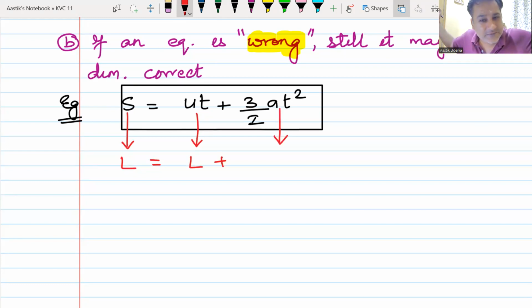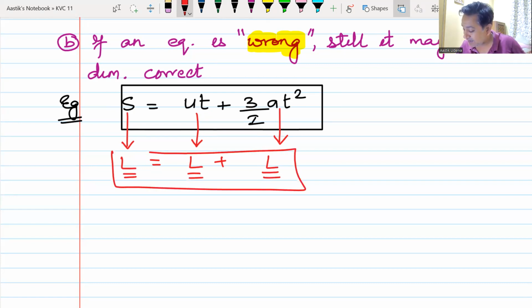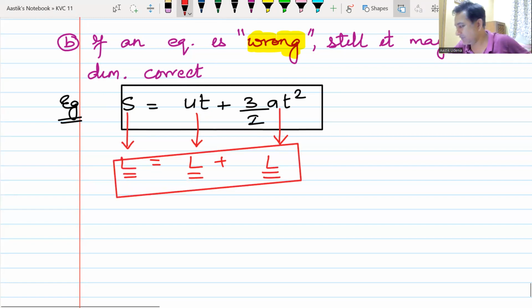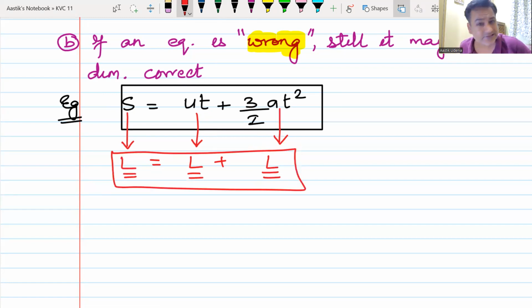Remember, numbers do not have any dimension. Now, dimensionally, this equation is still correct. Oops. But this is definitely not correct. So even if an equation is wrong, dimensionally it may still be correct.